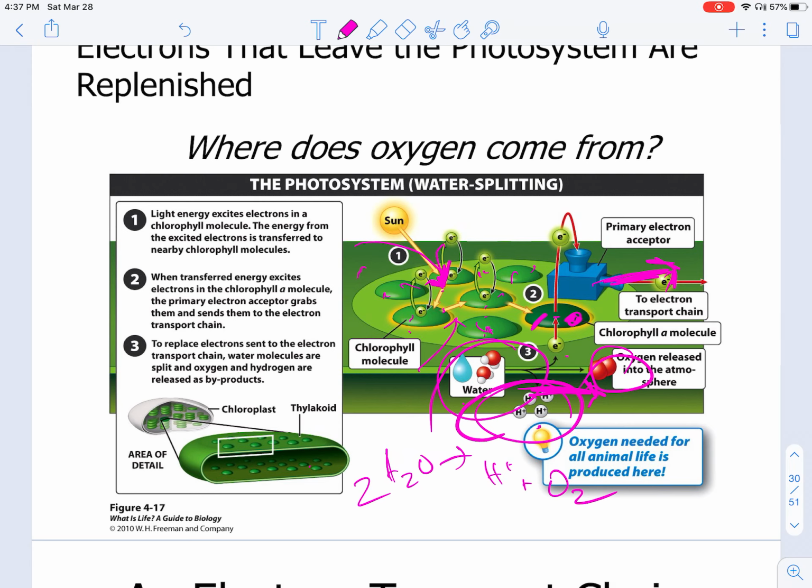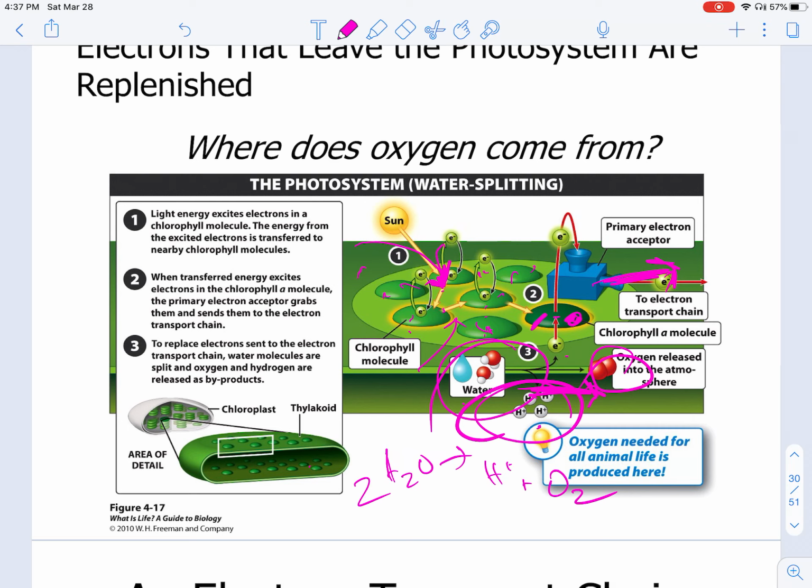And so here we have activated those electrons, we've gotten rid of the electrons out of the antenna system, and we have created the oxygen that plants produce as waste by splitting a water molecule in order to do that.